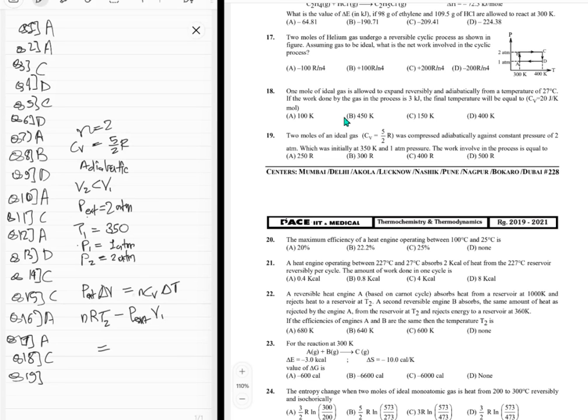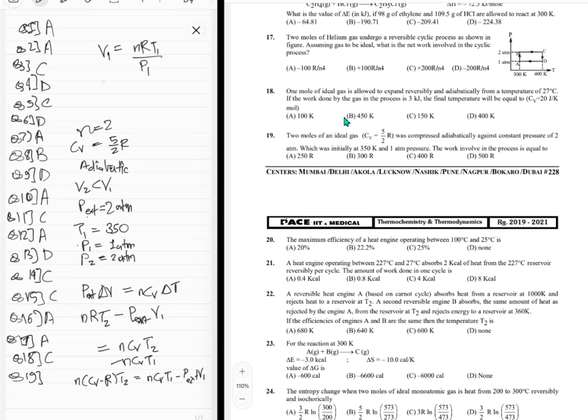We can figure out what V1 is. That's nice. nCv T2 minus nCv T1, and we know what T1 is. So from this, nCv minus R times T2 is just nCv T1 minus P external V1. And now how do you find V1? V1 is just nRT1 upon P1.